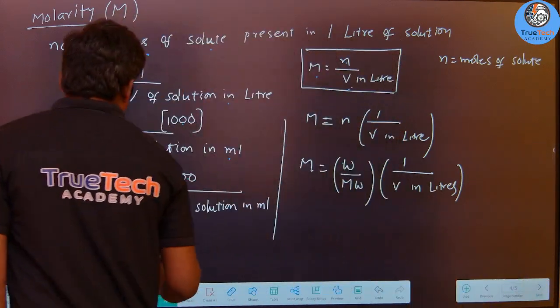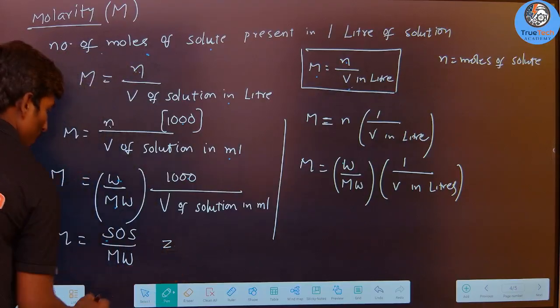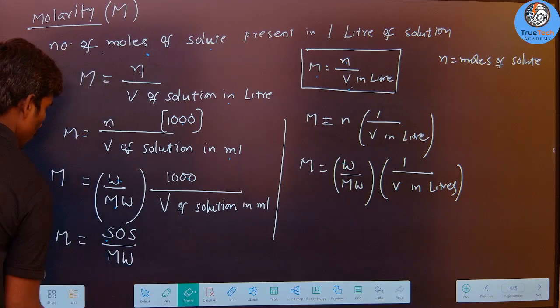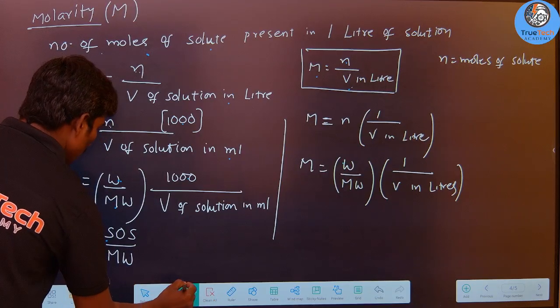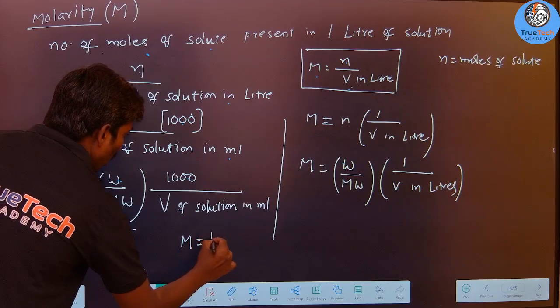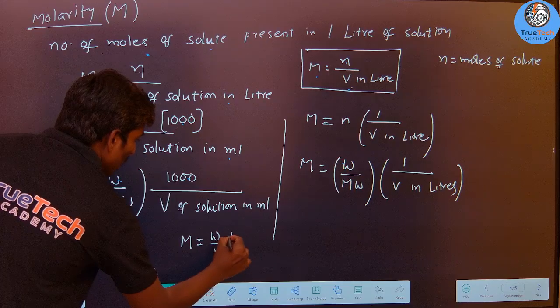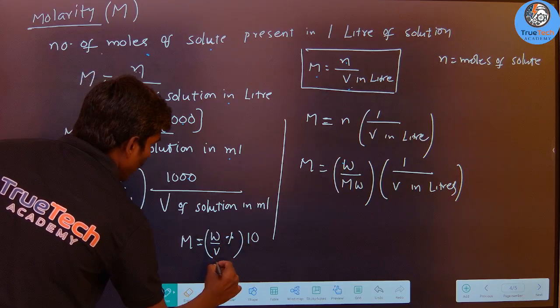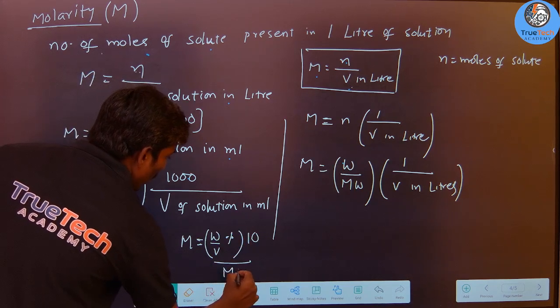So strength of solution is further replaced, and molarity equals weight by volume percentage into 10 by molecular weight.